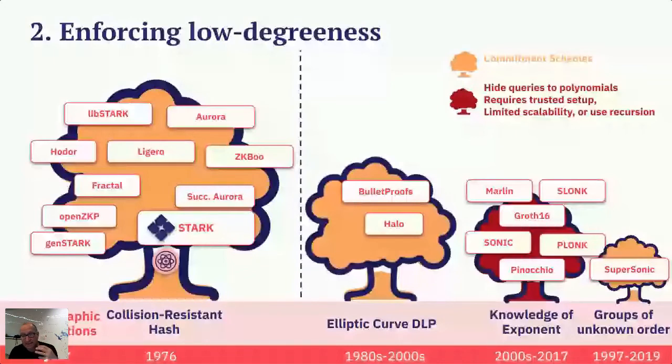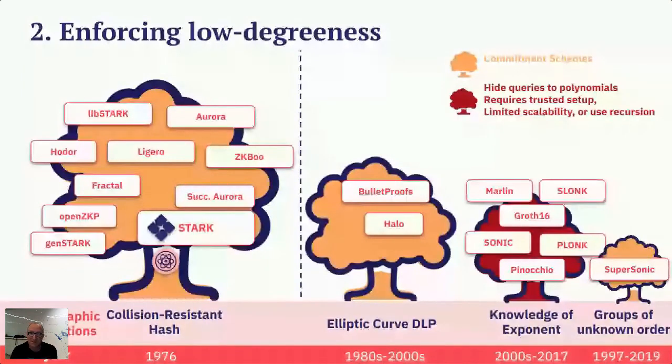So actually the trusted setup in the Pinocchio and the Groth16 systems hides the query to the polynomials in the trusted setup phase. But the other systems like Sonic, Plonk, and Marlin are actually commitment schemes.